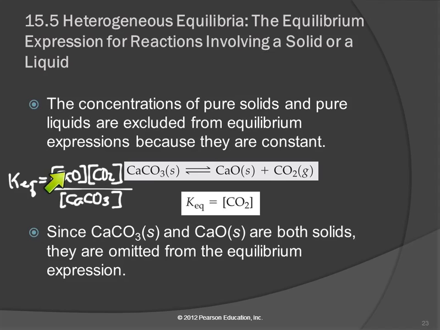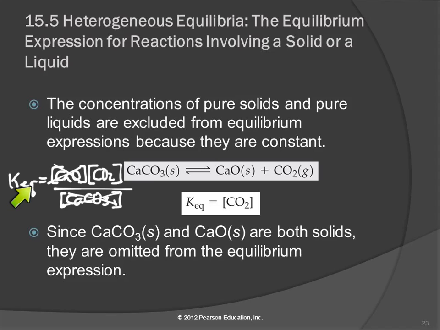So if this concentration can't change, what's the point of having it in the equation? There is no point, so we don't include that. This one is also a solid. The concentration of solids can't change. It doesn't change, so we leave it out.